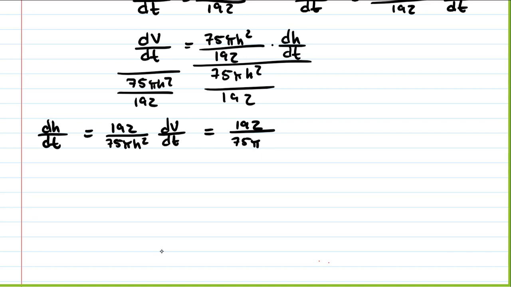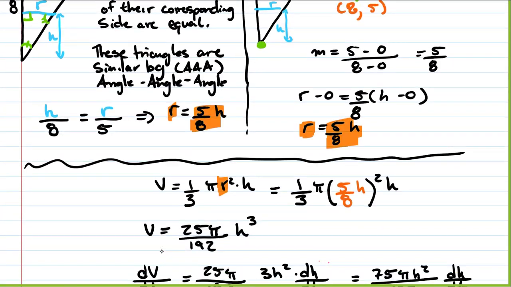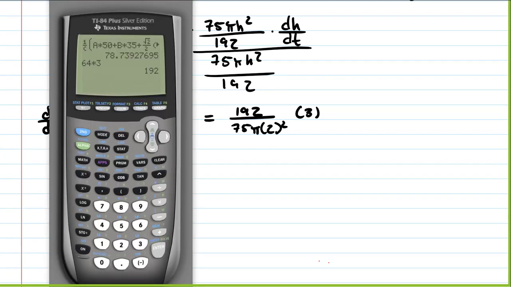Our height was 2 meters, so h squared is 2 squared, times 3. Let's put that all in our calculator and see what we get. So we have 192 over 75 times pi times 2 squared times 3.